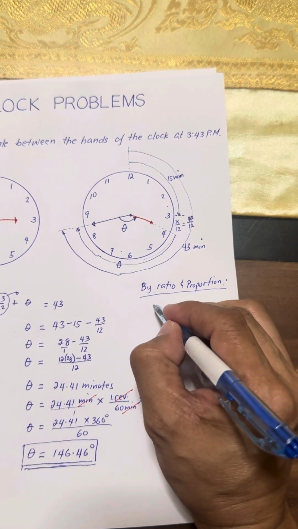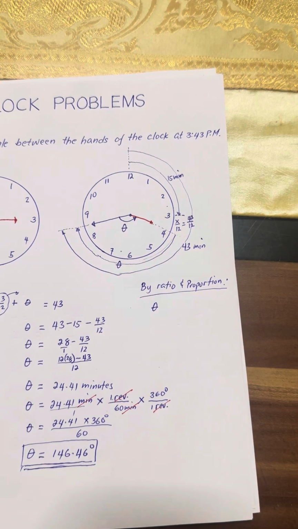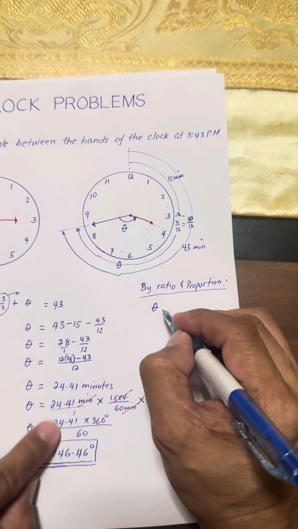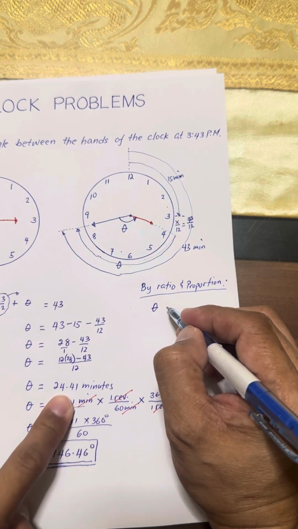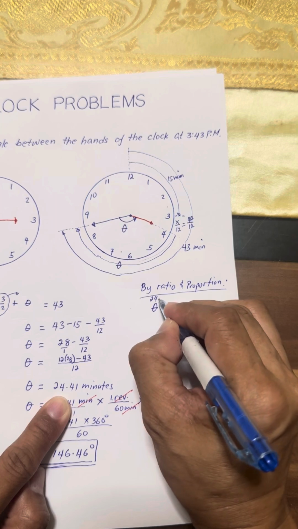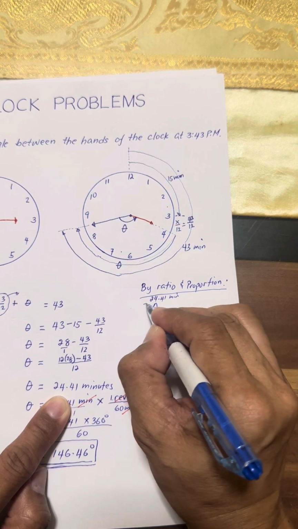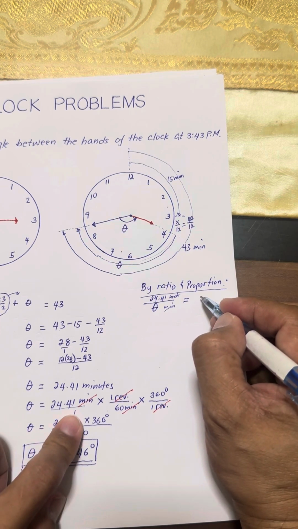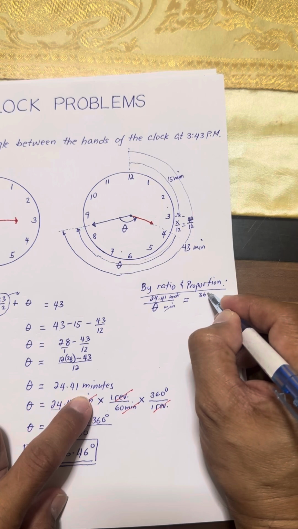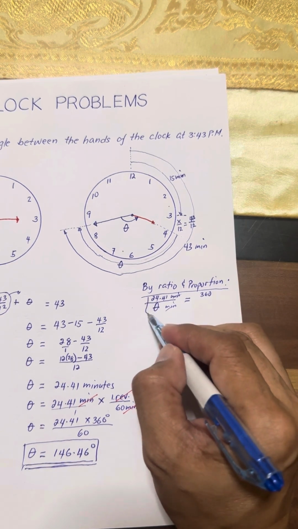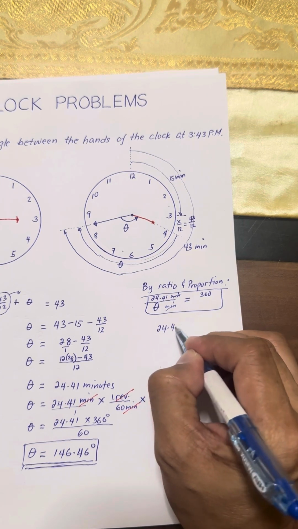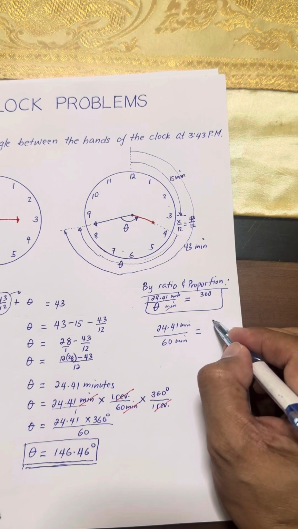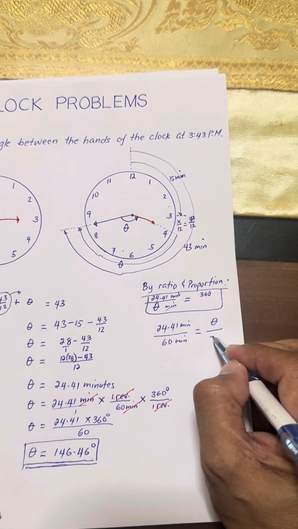We have this angle in minutes, theta in minutes, which is equal to 24.41 minutes, divided by 60 minutes, equal to theta in terms of degrees divided by 360 degrees.